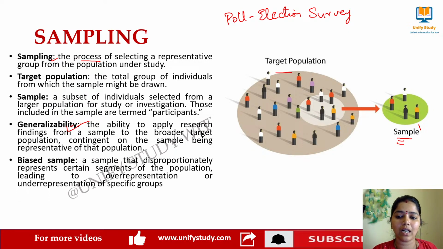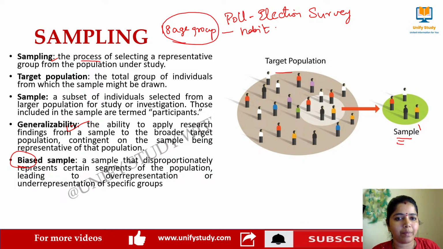So when I take a sample from the whole group, there are many possibilities of going for bias. What do you mean by bias? It means I go not correctly. A disproportionate representation may be possible from that population. For example, I want to take a survey about the 18 age group, the habits of 18 age group people.